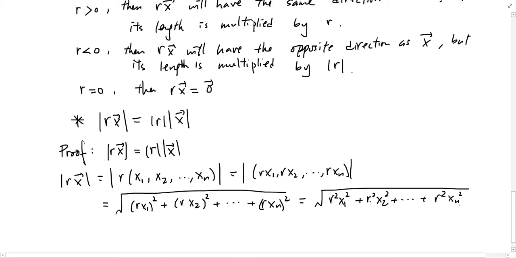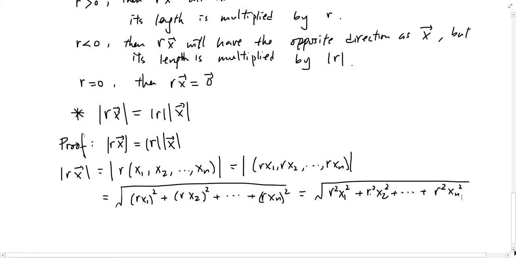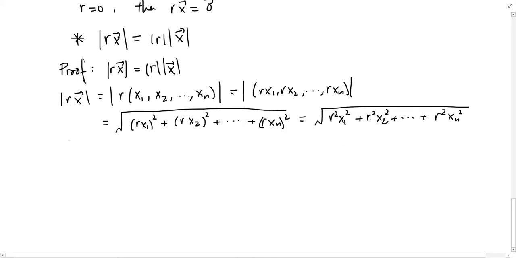Now if I look at this sum, I notice that they all have one thing in common, and that's r squared. So I'm going to simply factor it out, essentially using the distributive property to pull out the r squared. So it becomes the radical of r squared times x1 squared plus x2 squared plus dot dot dot plus xn squared.